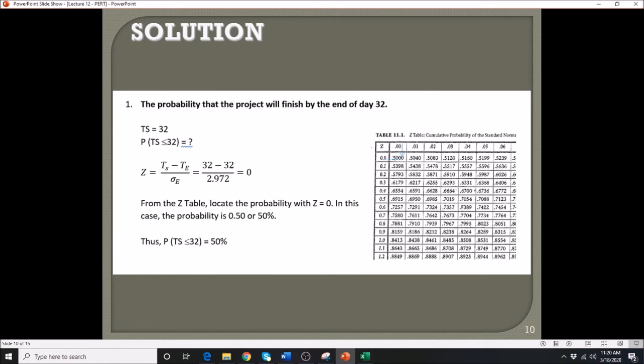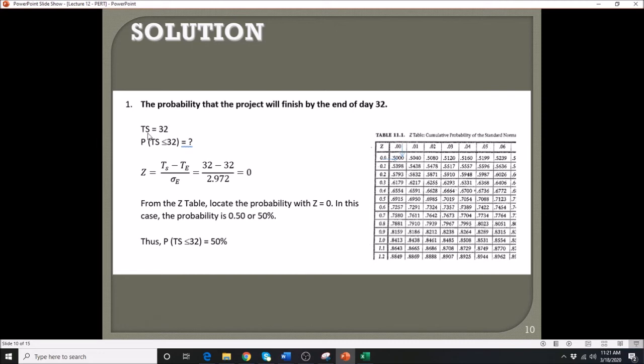This helps project managers make decisions, because if the client asks you, Mr. Project Manager, what is the probability that the project will be finished within a particular length of days, you will be able to give them a theoretical mathematical calculation or assurance of the probability of completing a particular project at a given time, and that is making use of the Z table.